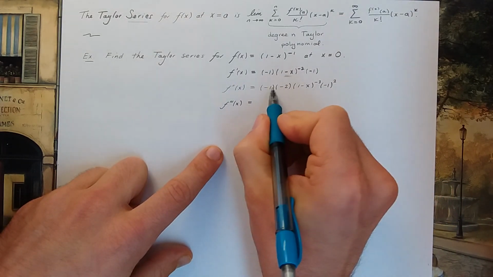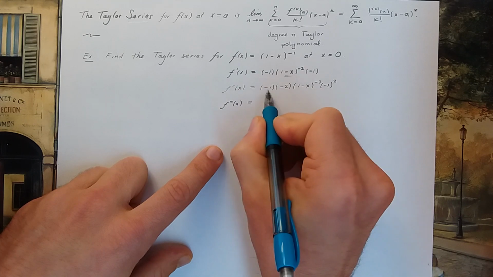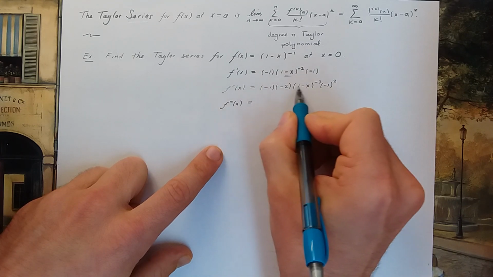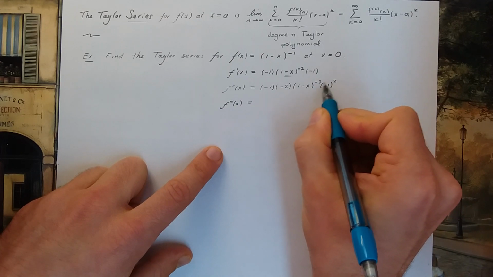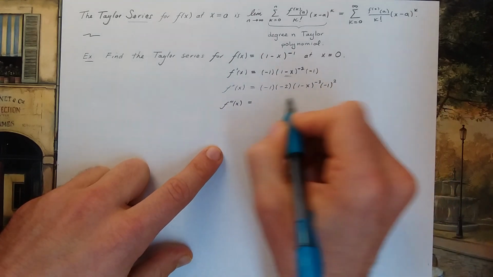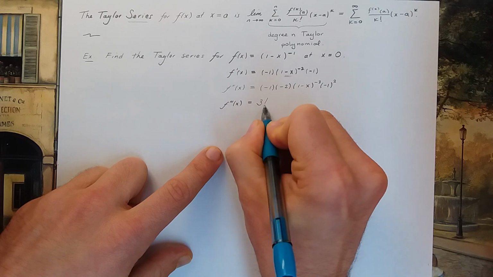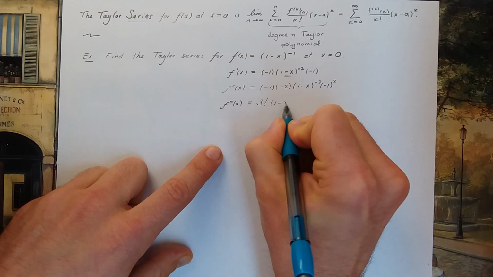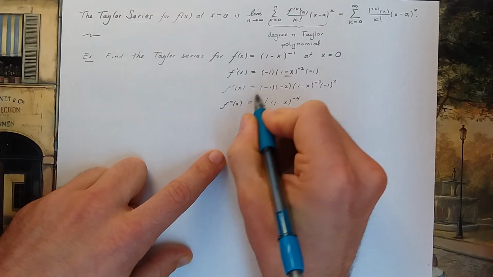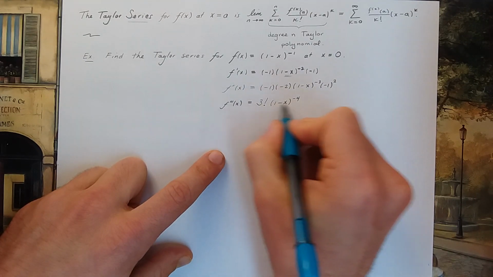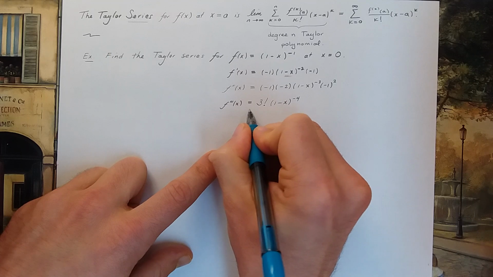I'm going to get a negative 3 in front. That's going to give me negative 1, negative 2 times negative 3. And then I'm going to get 3 negative signs over here. When you simplify all that, I believe you get 3 factorial times 1 minus x to the negative 4. Then when you take the fourth derivative, you're going to get an extra 4 in front, giving me 4 factorial.